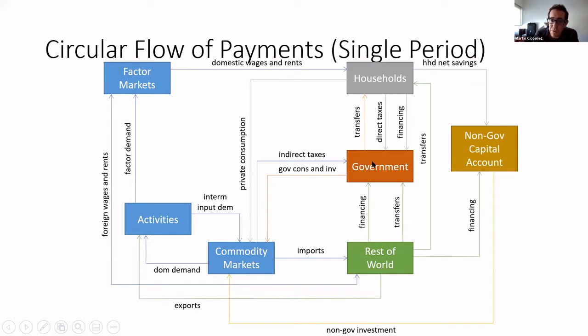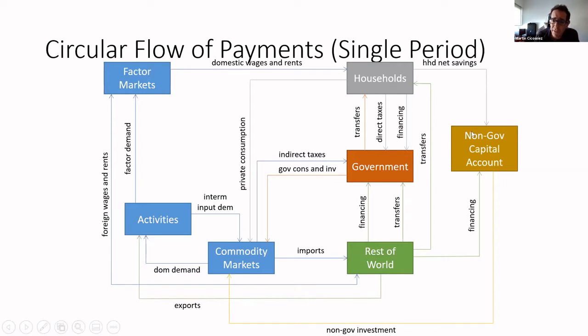Besides, we have the government that will be collecting taxes, both direct taxes and indirect taxes, and it will be doing transfers with that income, and it will be also buying products with that income.